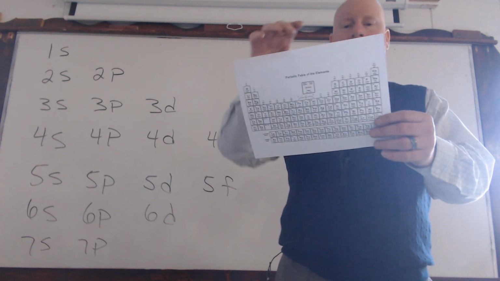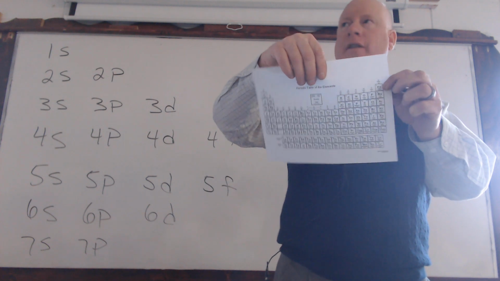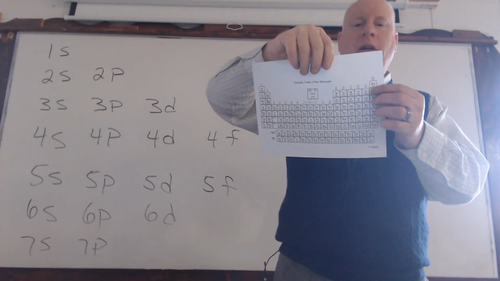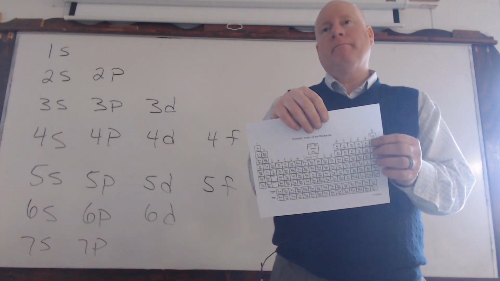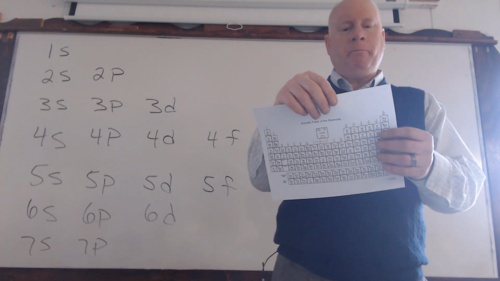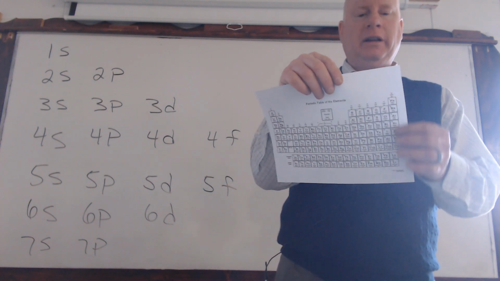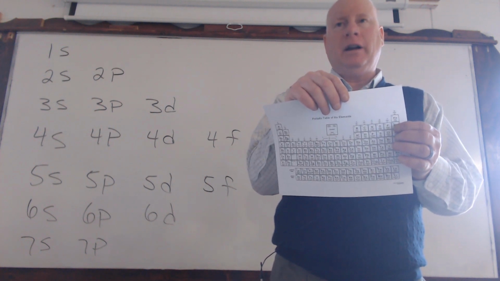Okay? P block. Helium is an exception here. That's why that table is a little more detailed than what you have. Why isn't it considered the P block? Because when we look at P block elements, usually their outer energy level is full in column 8. That means it has to have at least 8 electrons.